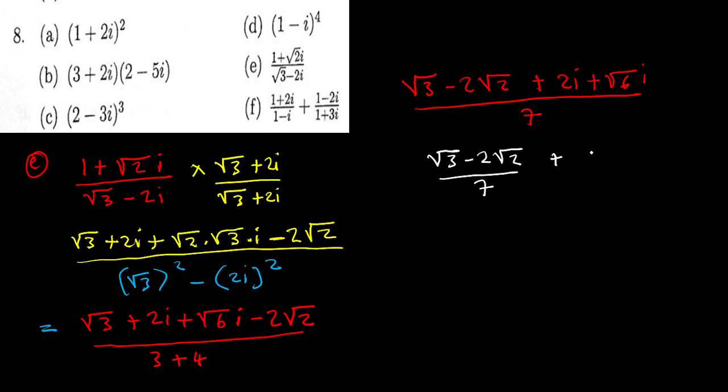Then there you're going to have 2 open brackets and then plus square root 6 close bracket i outside over 7. So at this point, I've just factorized an i. So this guy is the same as a plus bi, a plus bi. That's why I'll factorize an i there. So this is the real part and that is the imaginary part.